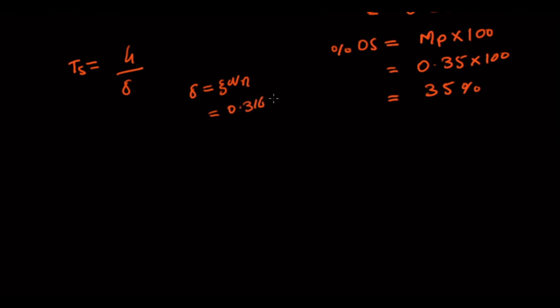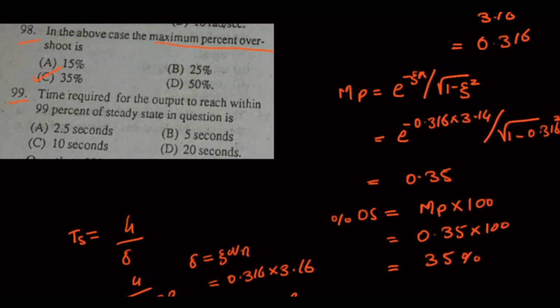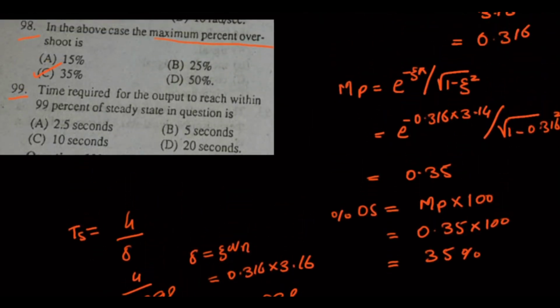The value of zeta is 0.316 and the value of omega n is 3.16. By multiplying these two numbers, we get 0.998. Putting the value of sigma in this relation, 4 divided by 0.998, we get 4.4 seconds. So the time at which the response reaches 99% of the steady state value is 4.00.